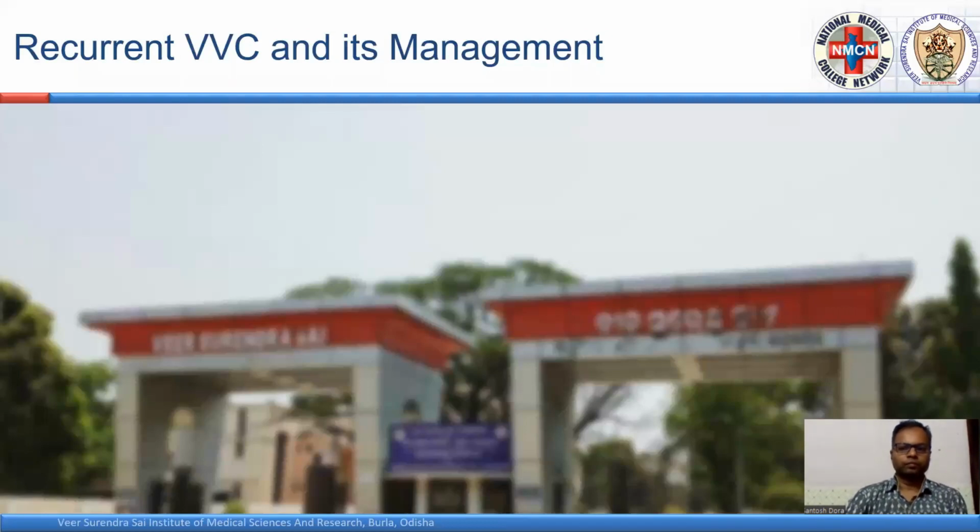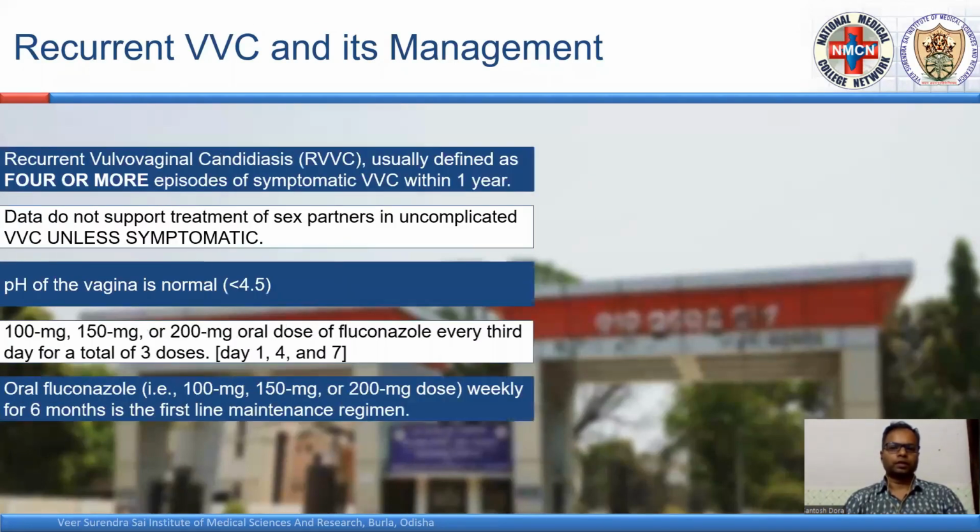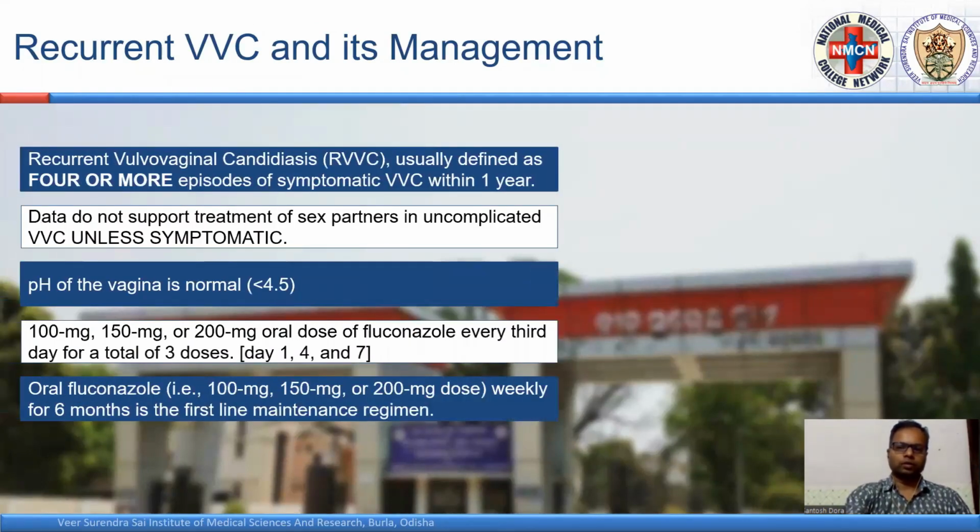Now coming to recurrent or complicated vulvovaginal candidiasis. When a woman suffers 4 or more episodes of candidiasis in a single year, we call it a case of recurrent vulvovaginal candidiasis. The diagnosis is more or less the same as the uncomplicated one, except these patients are more prone to develop candidiasis.